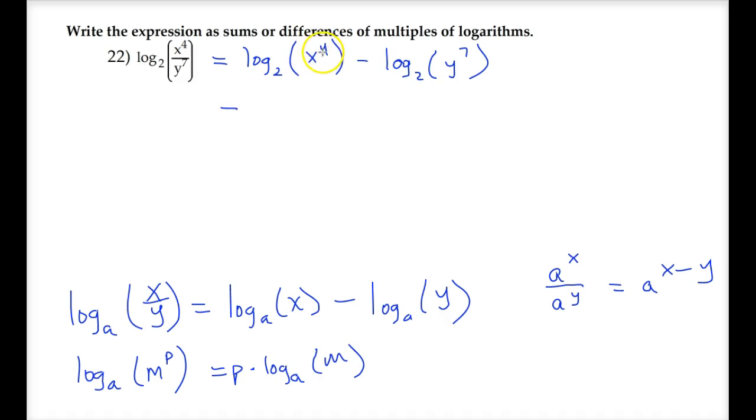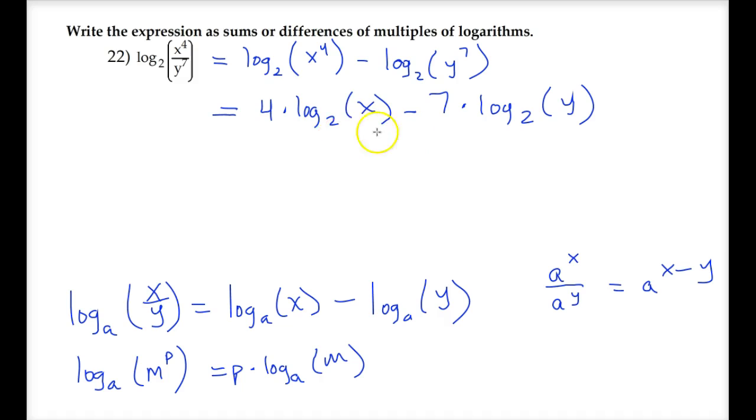So for here, since we have a 4 in the exponent there, we can pull that out and we can rewrite this as 4 times log base 2 of x minus, take that 7, pull it out, 7 times log base 2 of y. And so what we've done here is basically expanded this logarithm out from what I like to call compact form.